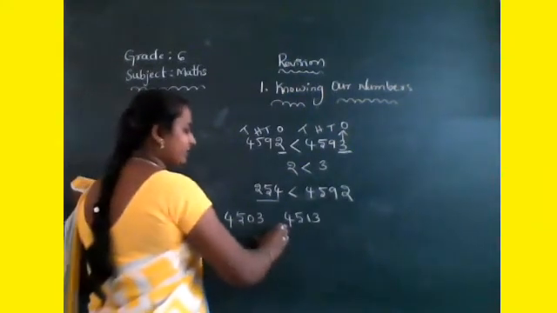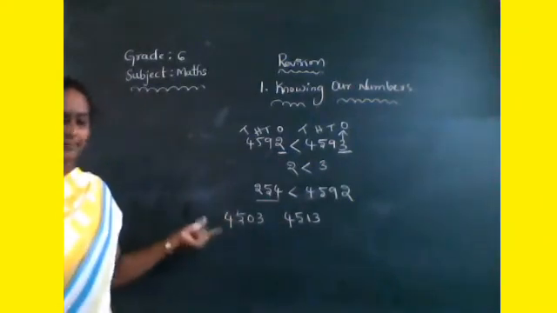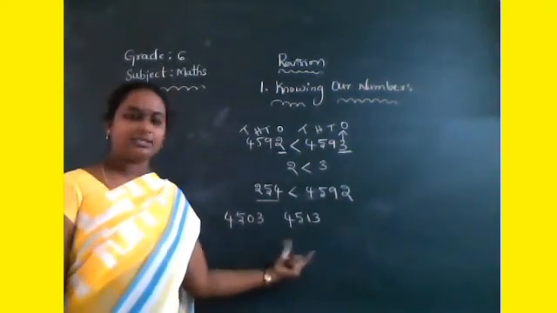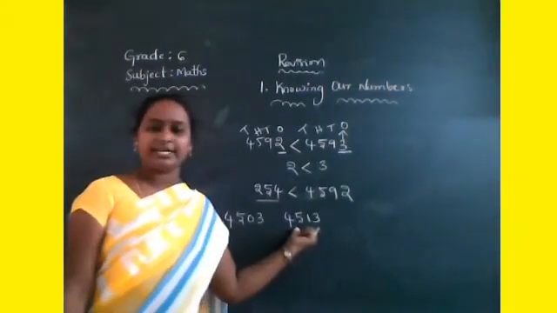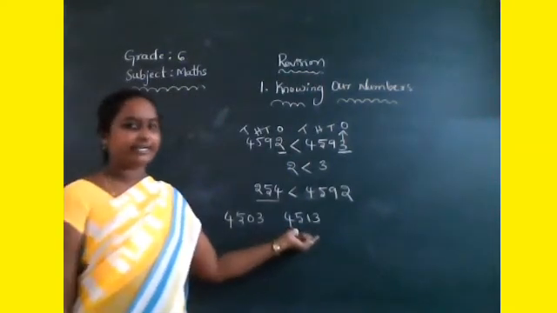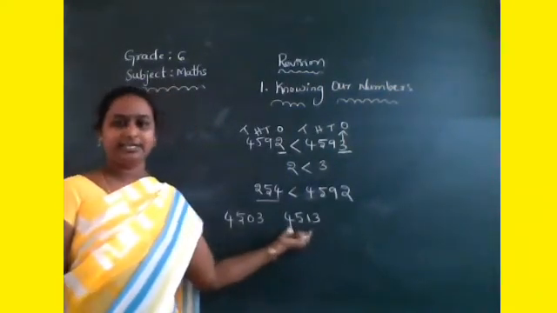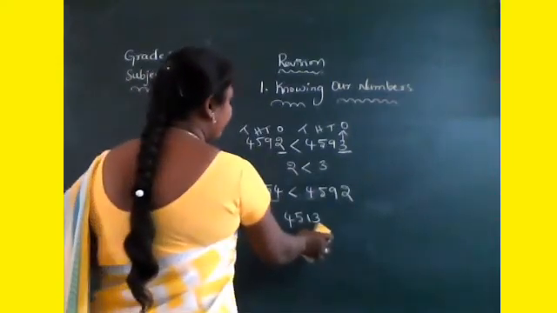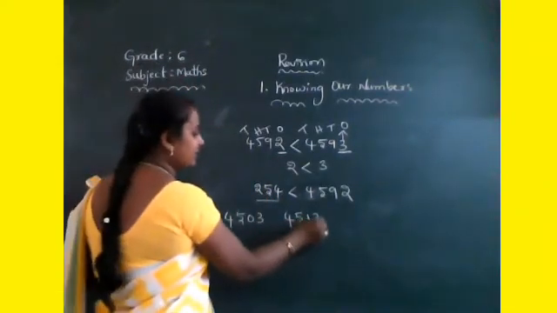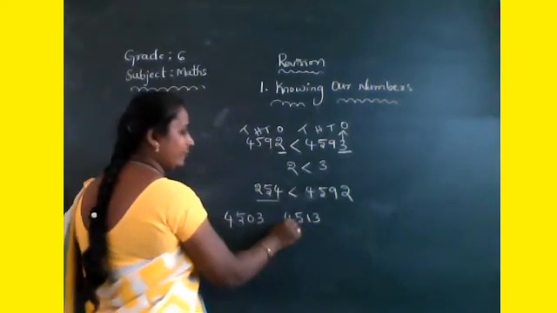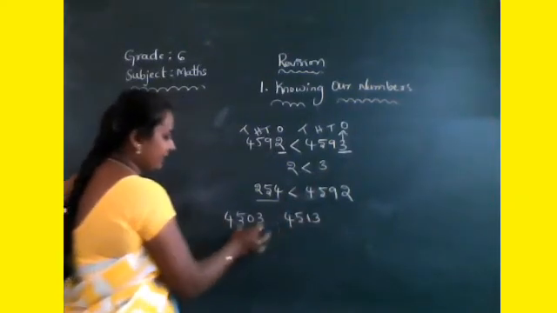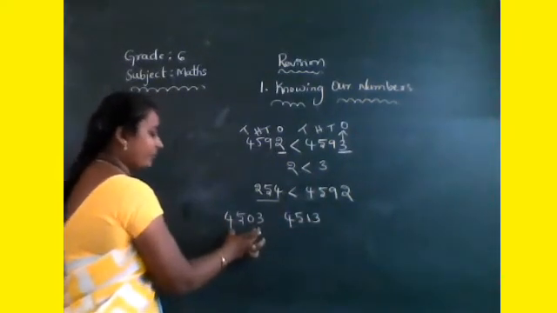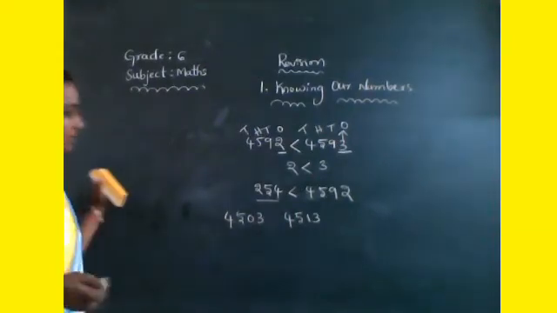So what I say is, before comparing two numbers, first observe the number. How many digits does it contain? 4 digits. That is 3154, it contains 4 digits. Here also how many digits? 4 digits. And next observe.